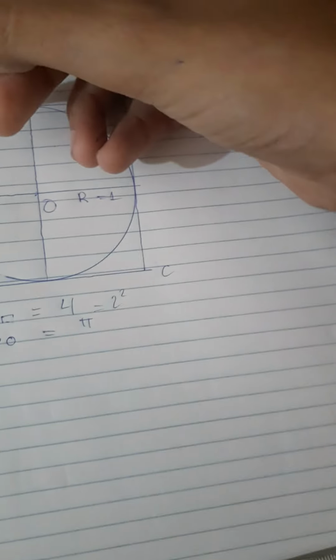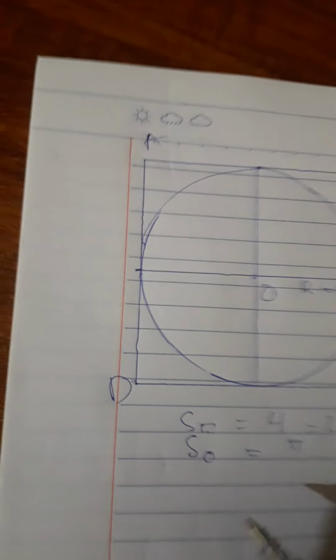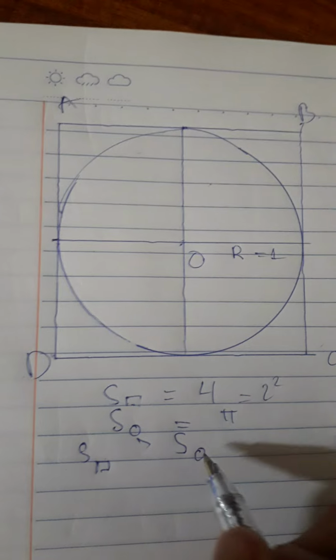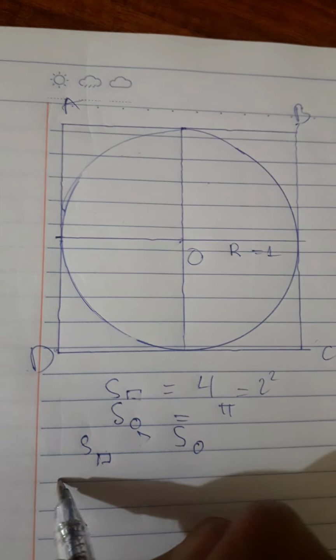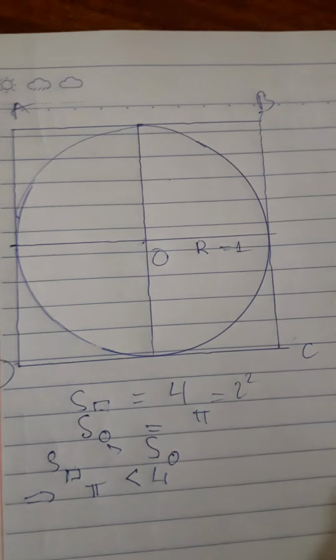And since the area of the square is bigger than the area of the circle, that shows that pi is less than 4, which is good. Pi is 3.14, so that is a good start.